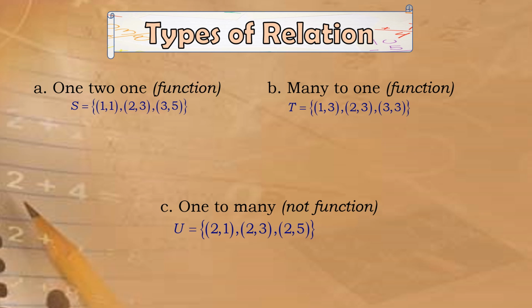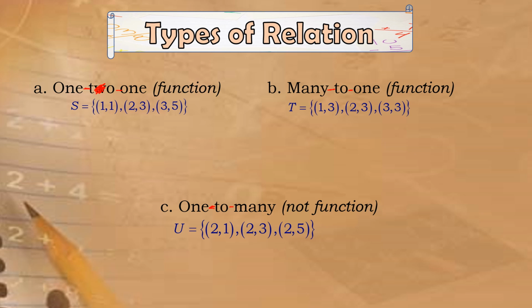Okay, let's try this set. The A, 1 to, it should be 1 to 1. I'm sorry. So W is not there. It should be one-to-one function. So it should have here that dash. One-to-one function. How can we consider that a relation is a one-to-one function? So let's try this. So 1, comma 1, 2, comma 3, and 3, comma 5.